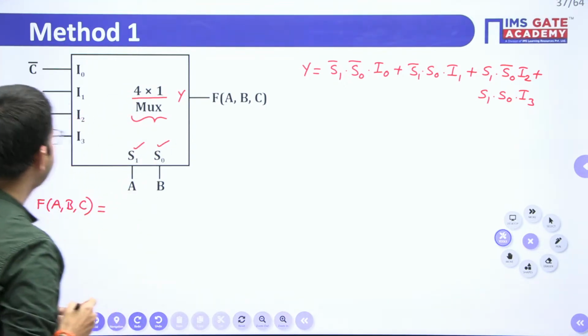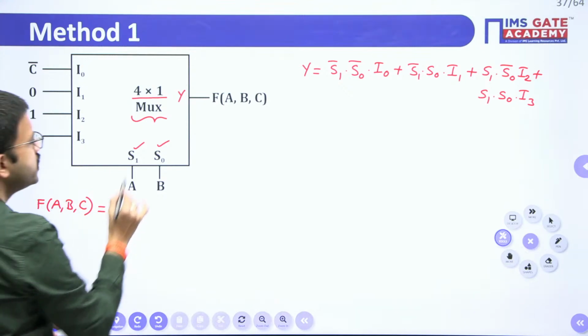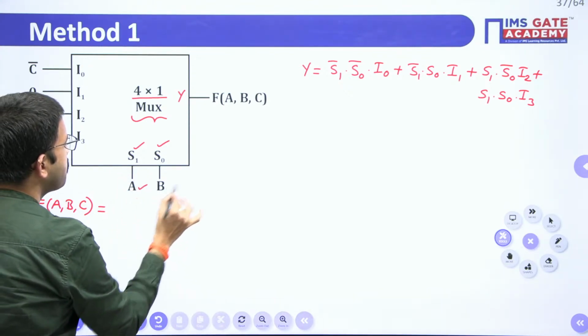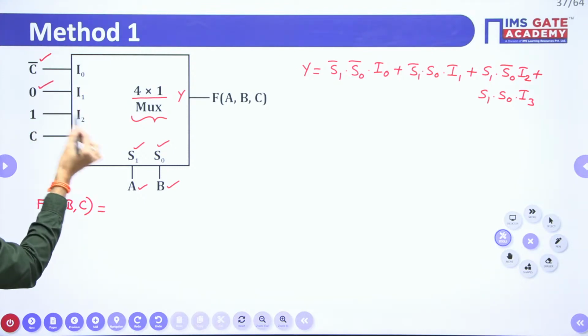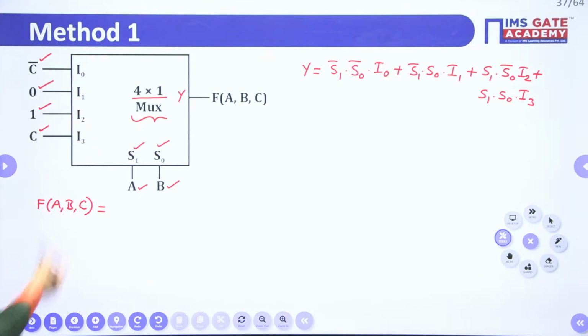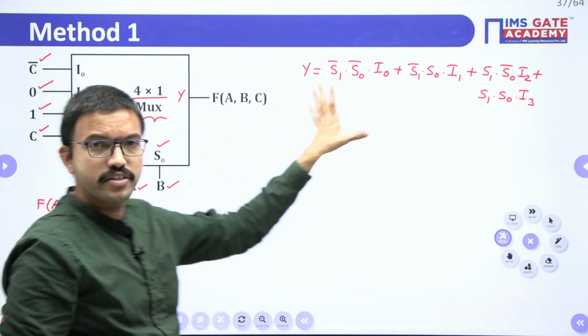Now for this question, the selection lines are AB, and the I0 value is C bar, I1 value is 0, I2 value is 1, I3 value is C. So just substitute all these values in this standard equation.